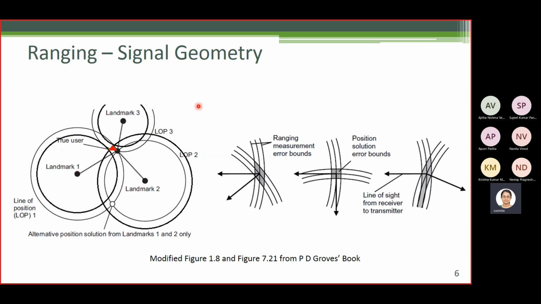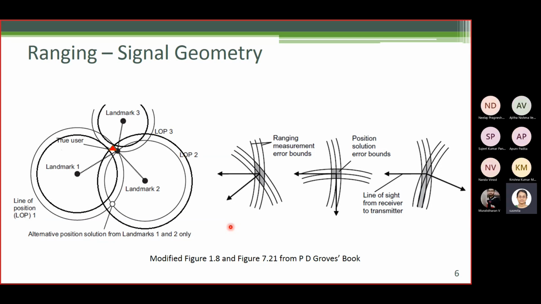If they are spread away in all the directions, distributed uniformly in all the directions around the user, then there is a higher chance that we get better accuracy because they will intersect this way. But if the transmitters are all on one side, they are close to one another, then there is a higher chance that they will intersect this way. So the distribution of the transmitters around the user is also important, and this is called signal geometry.